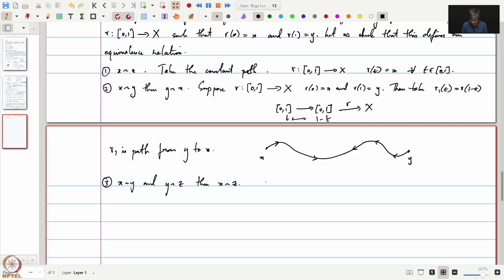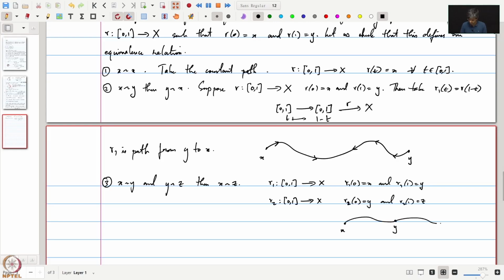Since X is equivalent to Y, we have a path gamma 1, a continuous map from [0, 1] to X, such that gamma 1 of 0 is equal to X and gamma 1 of 1 is equal to Y. And since Y is equivalent to Z, we have this path gamma 2, with gamma 2 of 0 equal to Y and gamma 2 of 1 equal to Z. So basically this is X, this Y and this Z, and here we have gamma 1 and here we have gamma 2.